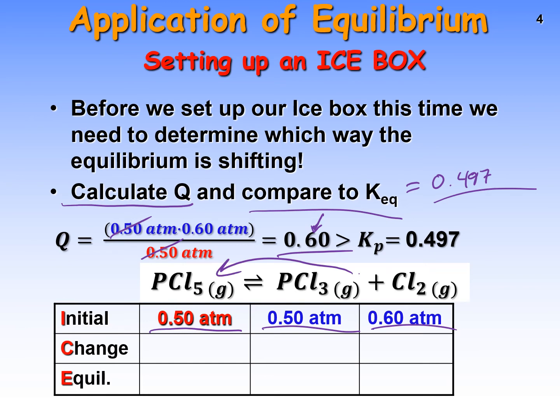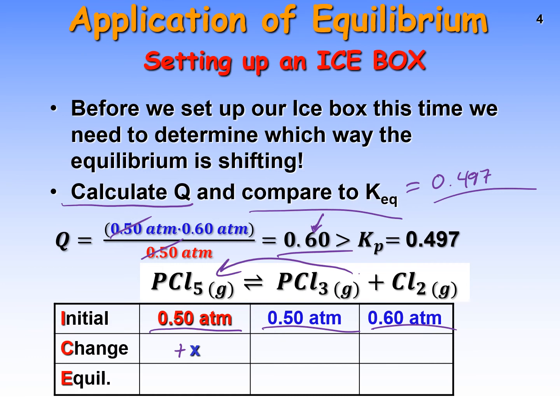Now, this means something very important. It doesn't change the values of x, but it does change the sign of x. So instead of getting minus x on the reactant side, since we're shifting towards the reactants, we're actually producing more of them. In other words, this is plus x for the change here of PCl5.